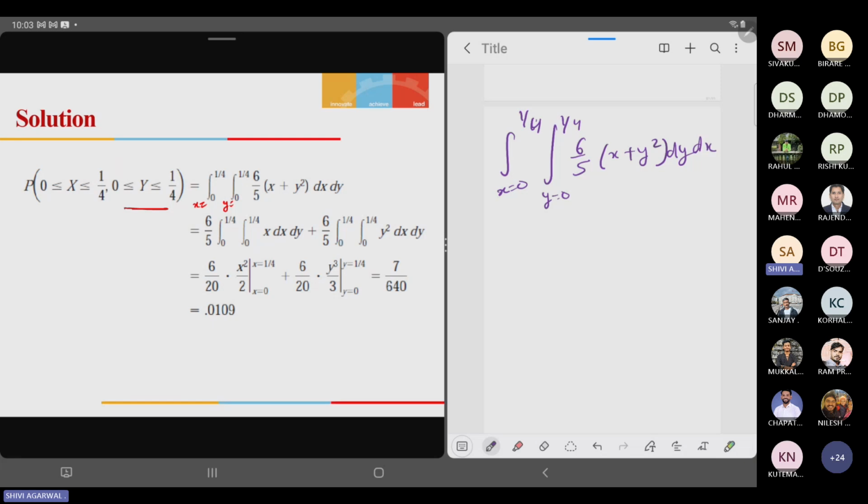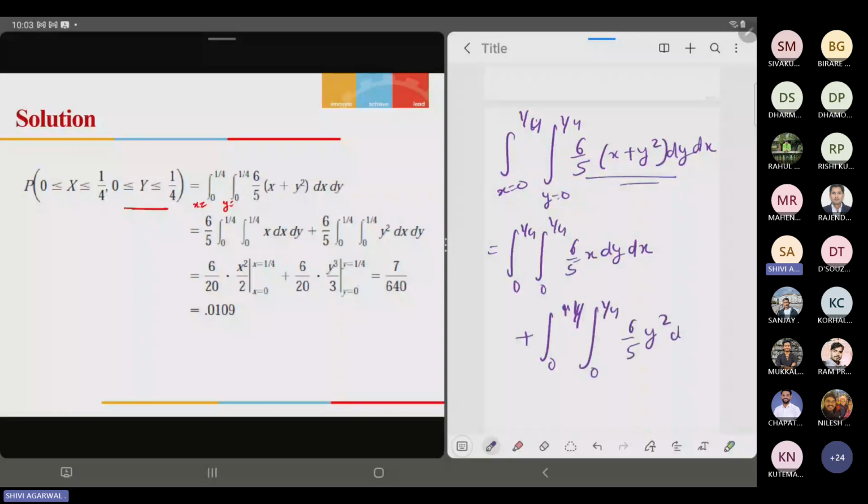Now we can just separate them. So that is equal to the integral from 0 to 1/4, 0 to 1/4 of 6/5 x dy dx plus the integral from 0 to 1/4, 0 to 1/4 of 6/5 y squared dy dx. Correct?